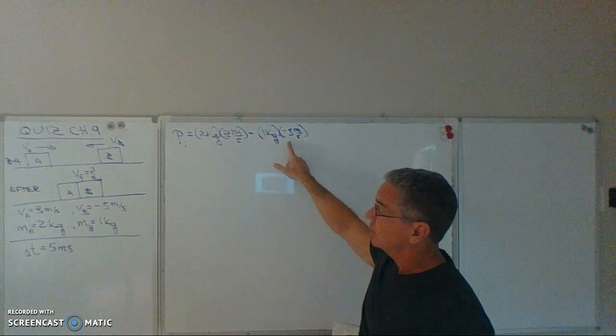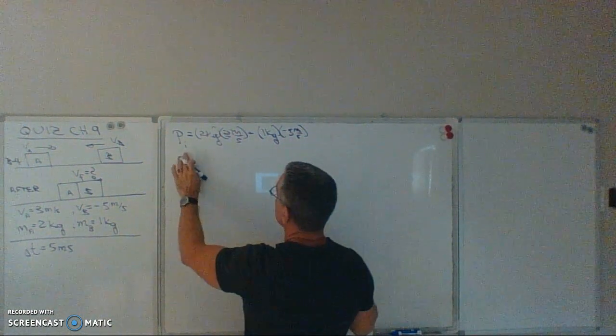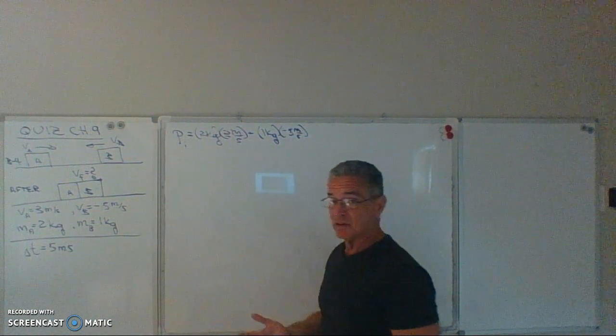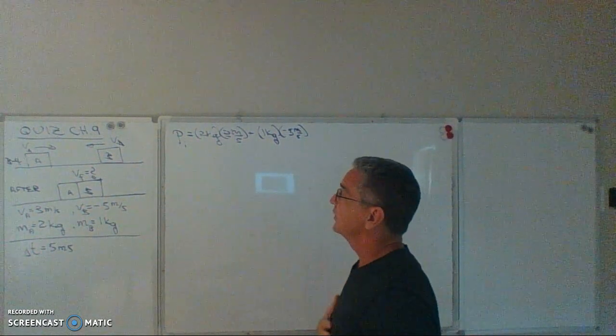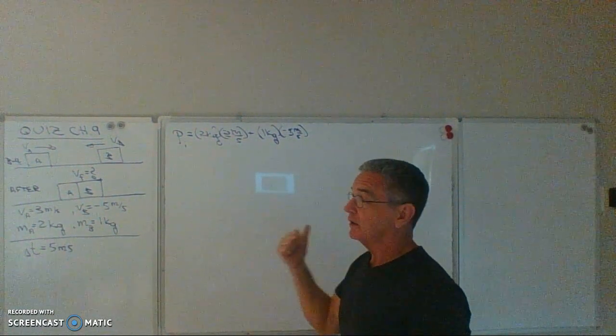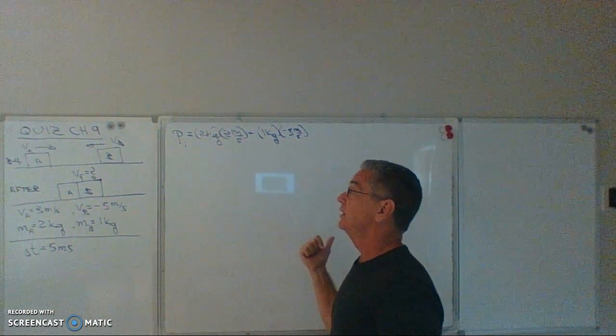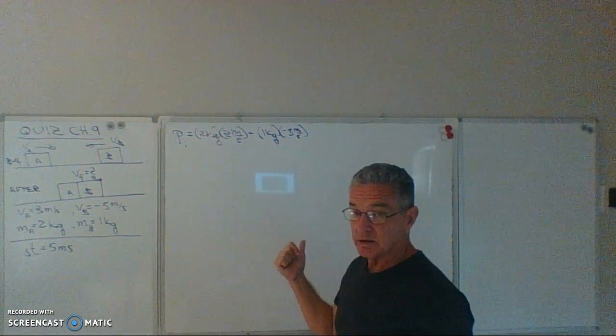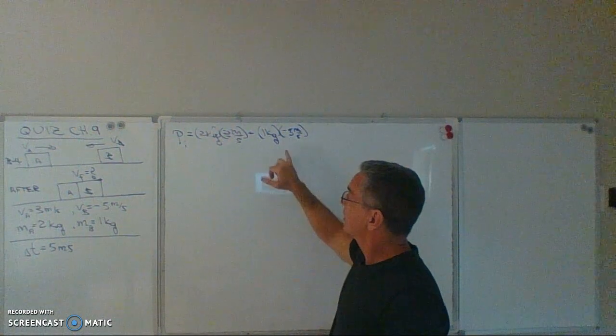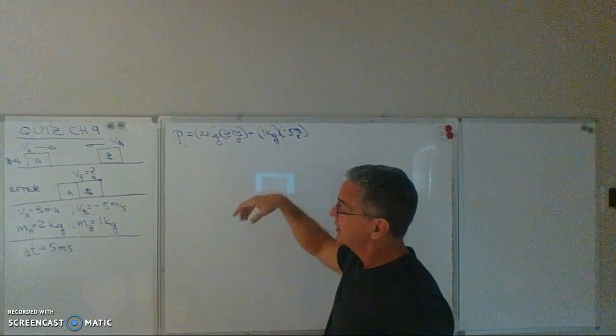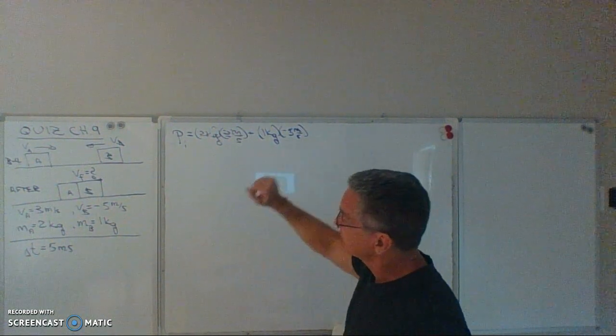Remember, this is a vector quantity. I'm not even worried about that here because it's one-dimensional. Just realize that a vector pointing to the right in one dimension is conventionally a positive vector, and a vector pointing to the left would be a negative vector.